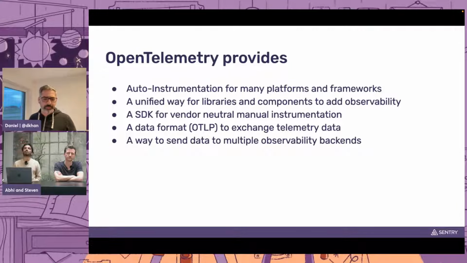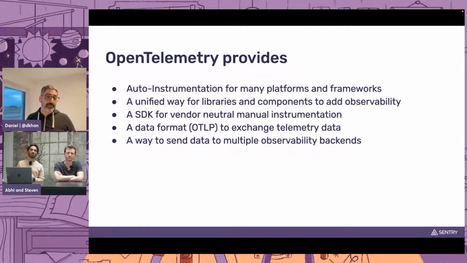There are now many vendors working together to create proper instrumentation. Everyone uses the same, basically. It provides a unified way for libraries and components to add observability, which means the goal of OpenTelemetry ultimately is that you don't have to monkey patch and auto-instrument at all, but the libraries come with batteries included.